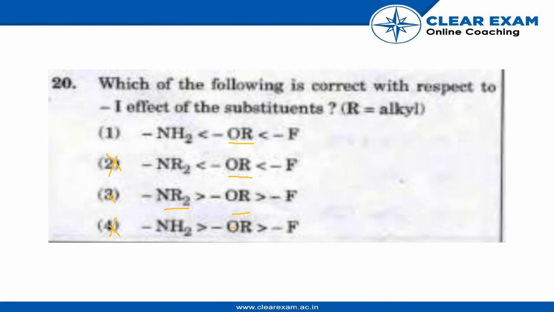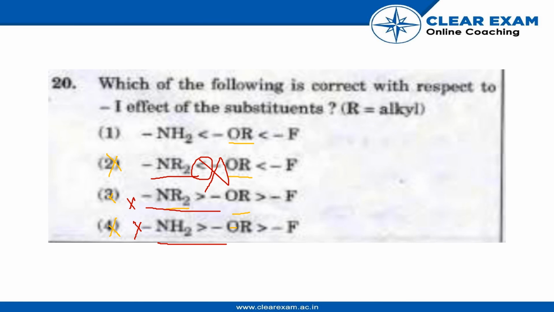Here also the NR2 is greater than OR, so it also does not satisfy the equation. So these two are not to be considered because of the inductive effect of OR. Now NR2, minus OR, minus is less than F. Basically NR2 is not less than OR, so this equation also fails at this point.